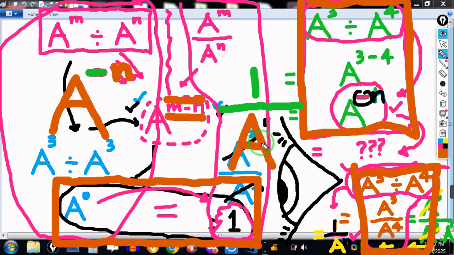So the first result we got was a to the power of 0 is equal to 1. Then a to the power of negative n is equal to 1 over a to the power of n. No joke, you know.